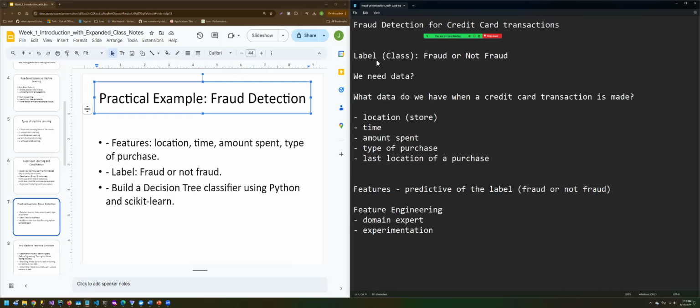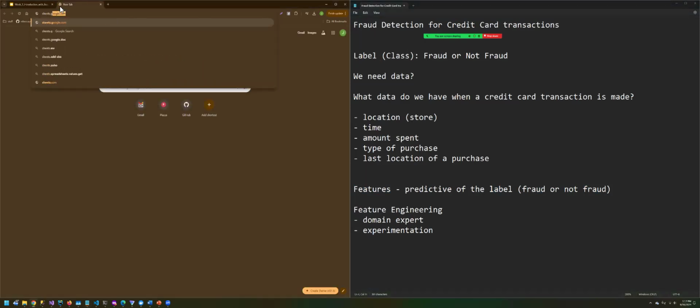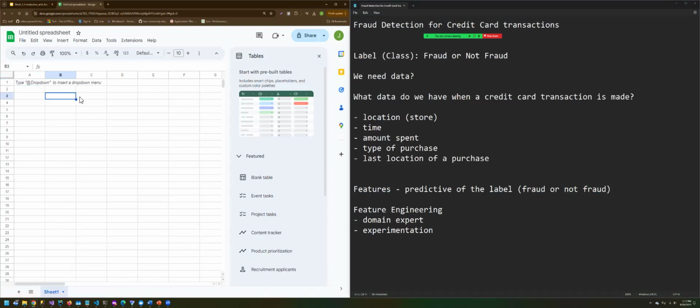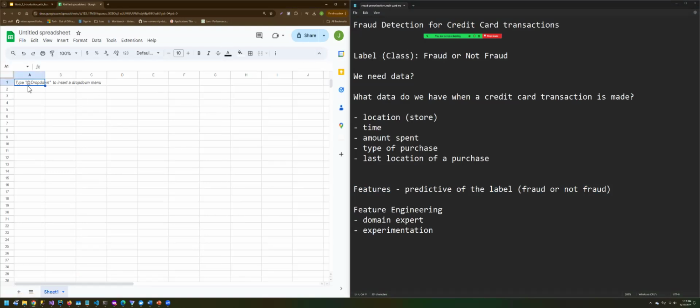So if you were to look at this, let's do it this way. All right. So if you were to look at what features look like, we're going to take location, time, amount spent, type of purchase, and the last location of purchase.